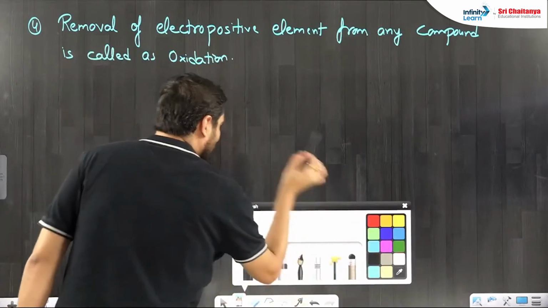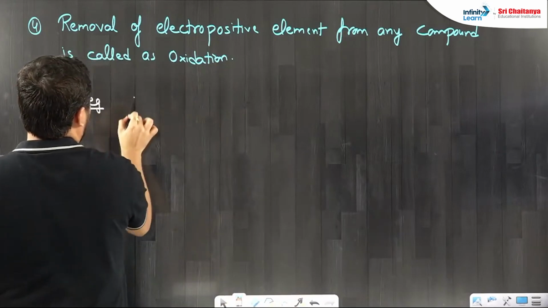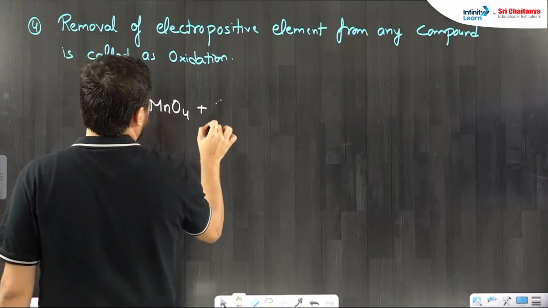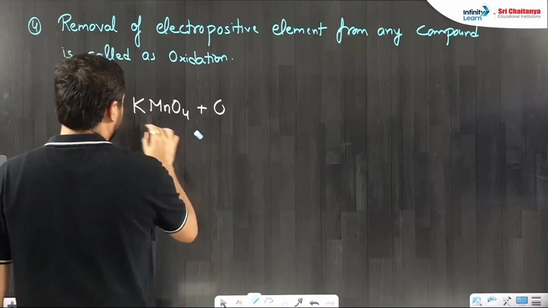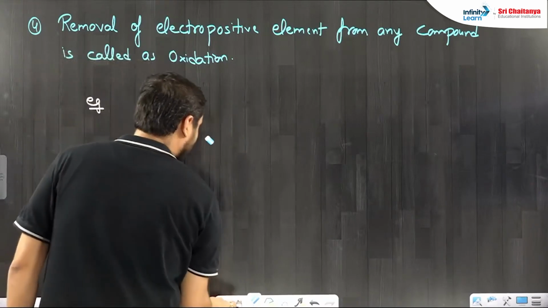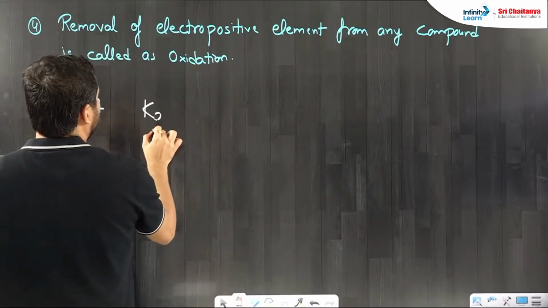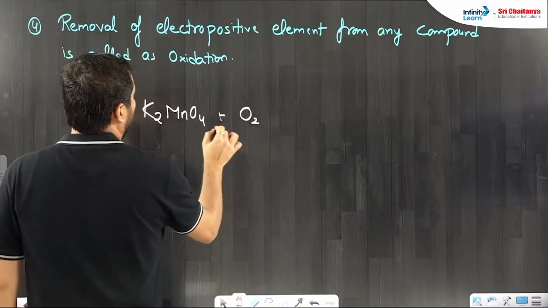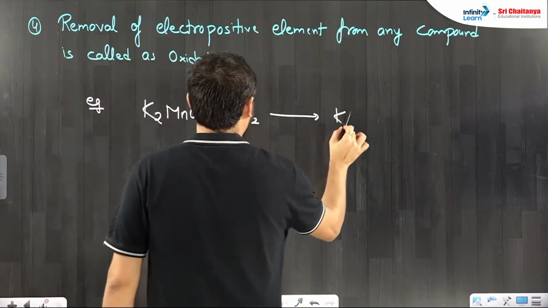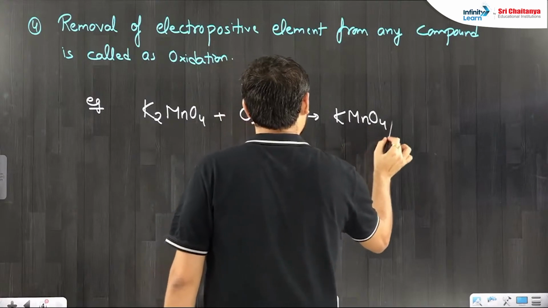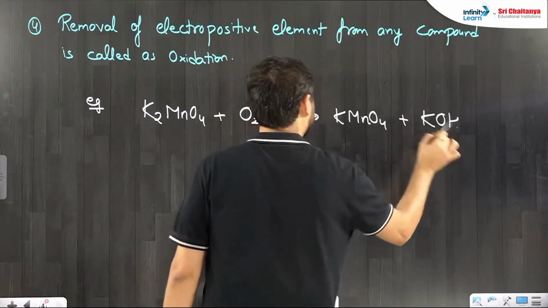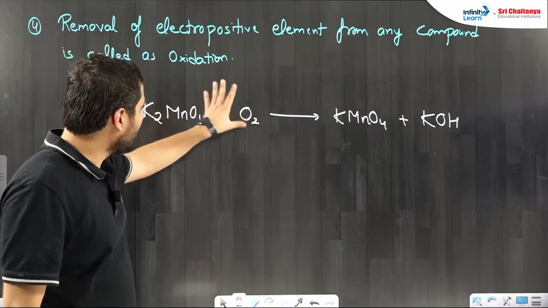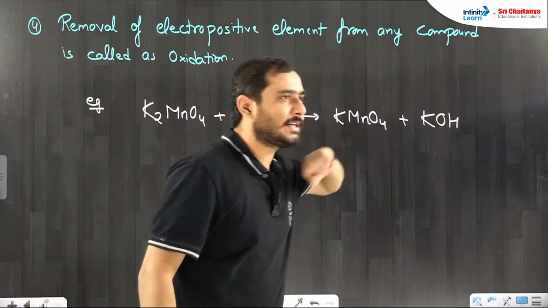If I write one example, let us take K2MnO4 and oxidation. What is formed? KMnO4 plus KOH. So the reaction given is K2MnO4, plus O2, gives KMnO4 plus KOH.